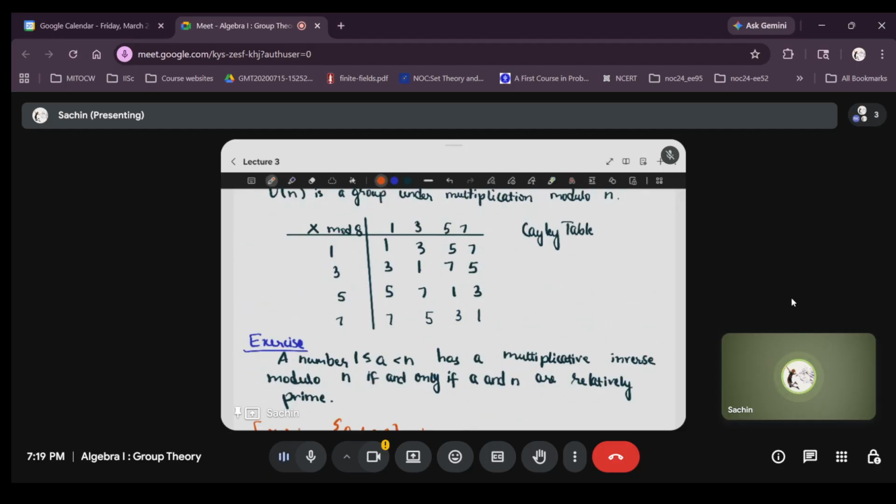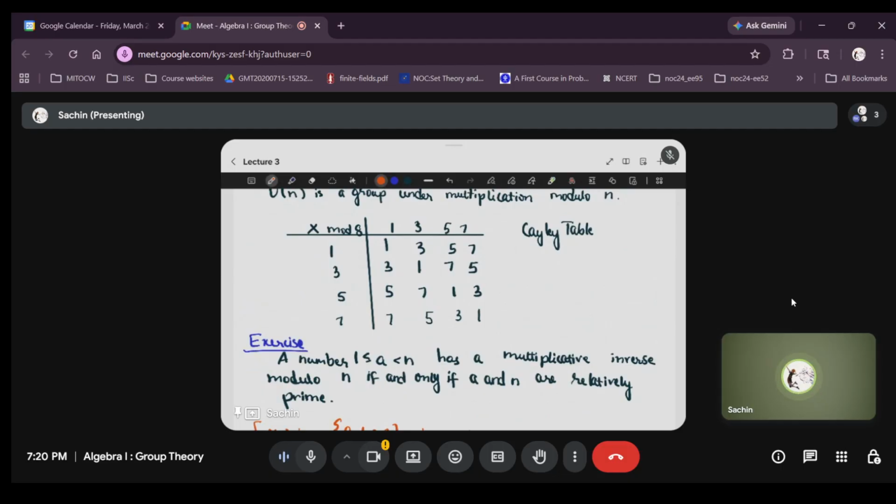So here p is a prime number. So all numbers less than p are relatively prime to p. Two numbers are relatively prime if they do not have any common factors other than 1, right? A prime number is not divisible by any number less than itself, by definition.